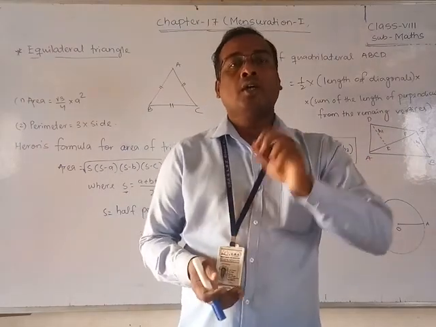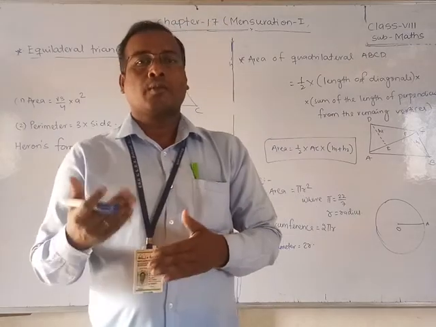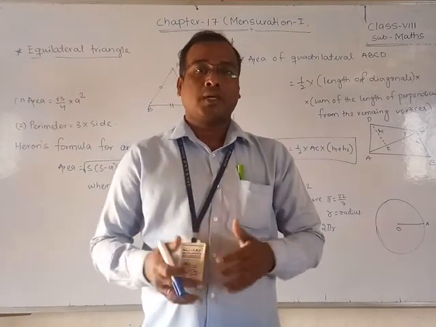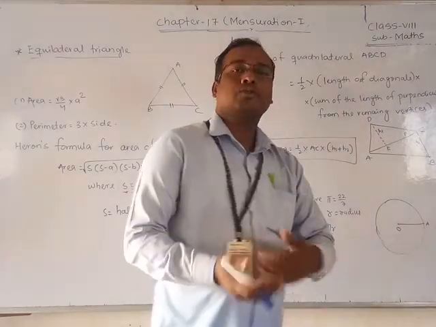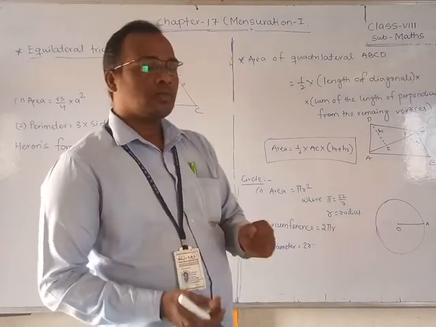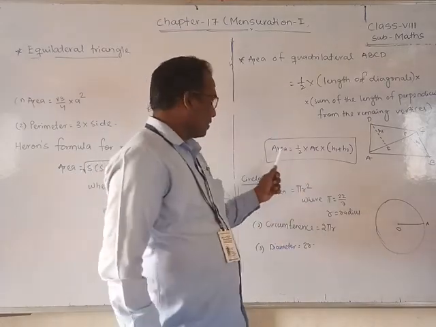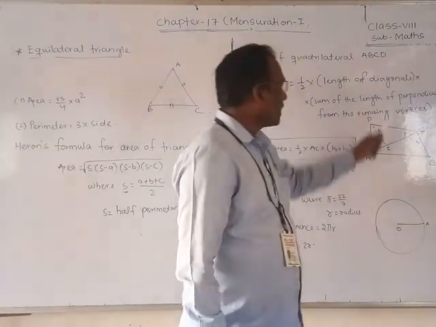Already we have discussed how to find the area, perimeter, diagonals and all the things for the rectangle and parallelogram; these are also quadrilaterals. But for a quadrilateral that is not special, just a general quadrilateral, how should you find its area? First of all, the area is half into the length of one diagonal.